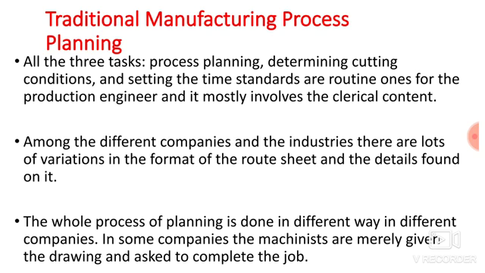The whole process of planning is done in a different way in different companies. So as the company changes, you may find a different type of process plan. It depends on the engineer who is working on it. He will decide the parameters which he wants over that process plan.